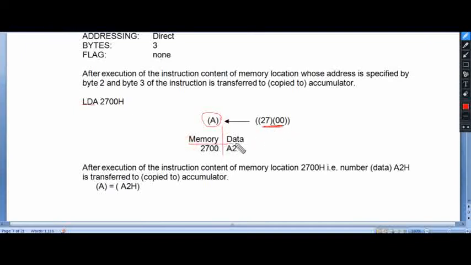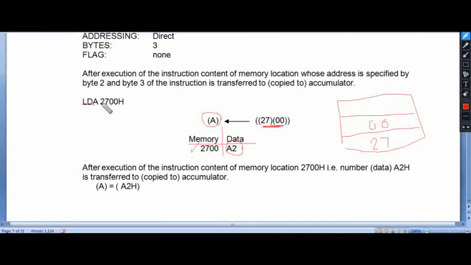In this specific example, there is the operation code, low order address 00, and high order address 27. It represents the memory, and whatever number is present in that memory goes to the accumulator.